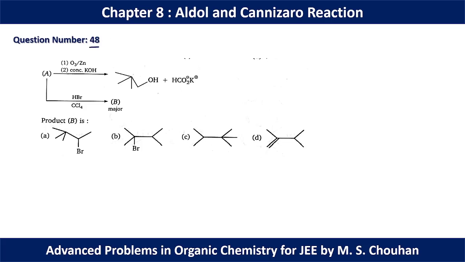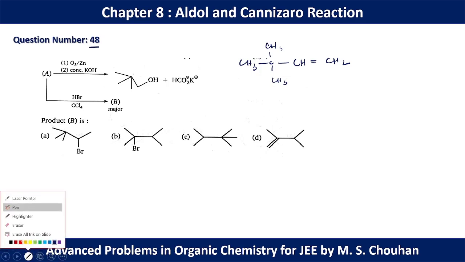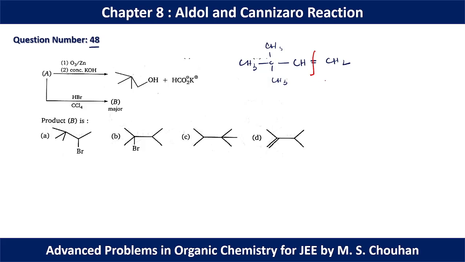In question number 48, we have reductive ozonolysis and then concentrated KOH for the final product. So the starting material should be like this: CH double bond CH2, because after the reductive ozonolysis we can have formaldehyde along with this kind of aldehyde which can be involved in the Cannizzaro reaction.